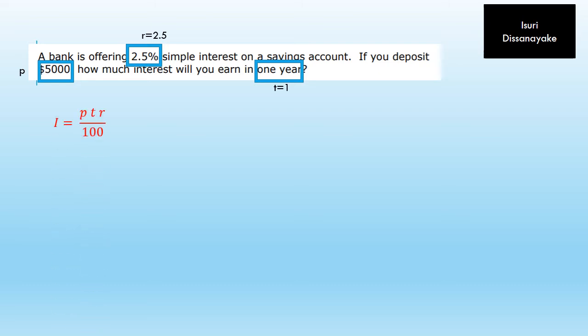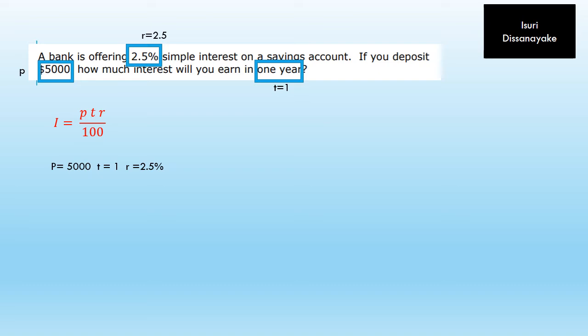The first thing is, we are going to write the formula I equals P T R over 100. Then let's brief the information that we have from the sum. P is equal to 5,000, the amount you deposit. T, the time, equals 1 year.